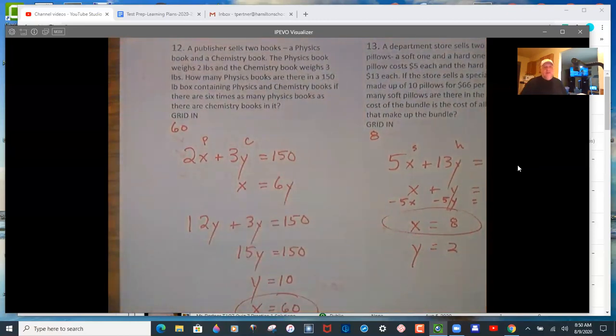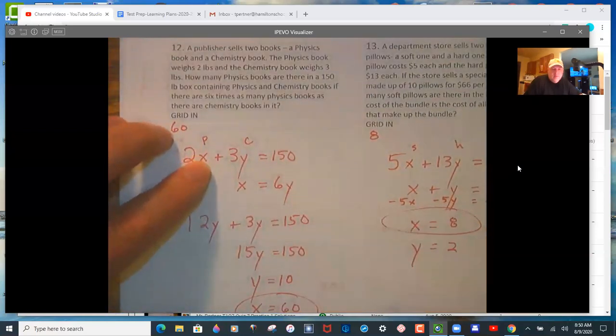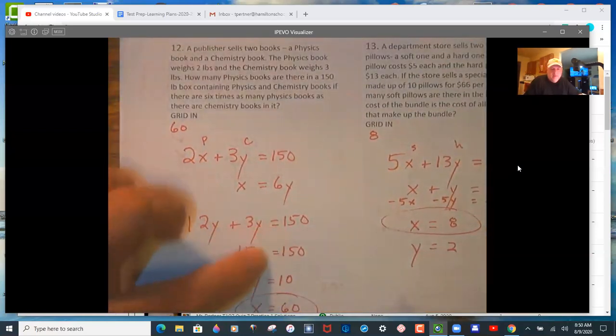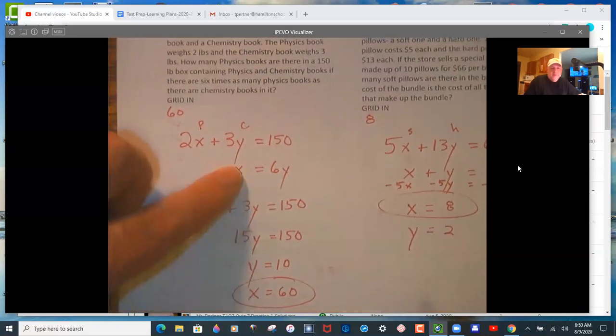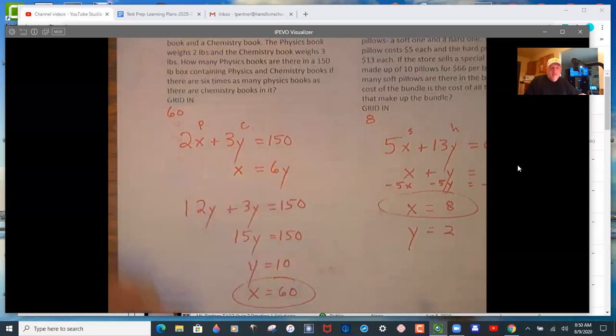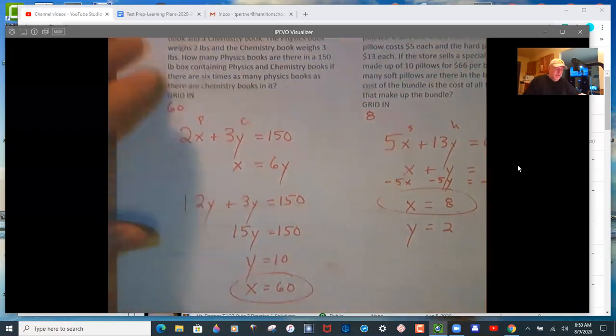So it's opposite again to make them equal. And so you can put 6y in for x here. So 2 times 6y is 12y, and then solve this out. And you get 60 for x, and then 10 for y when you do that.